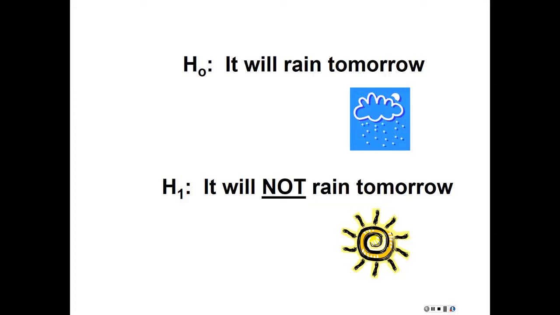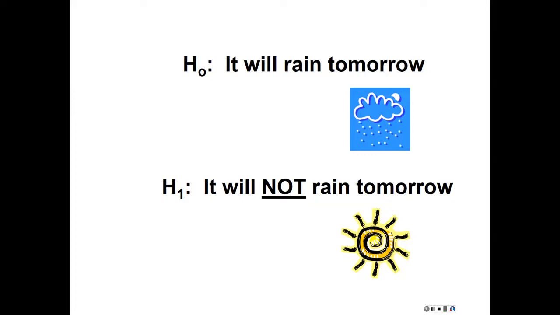Okay? The null and the alternate hypotheses cannot say in any way the same thing. They have to be 2 completely separate things. In other words, they need to be disjoint. That was the word that we learned in chapter 4. That 2 things that cannot happen at the same time are disjoint. These 2 things must be disjoint. Either it will rain tomorrow or it won't.